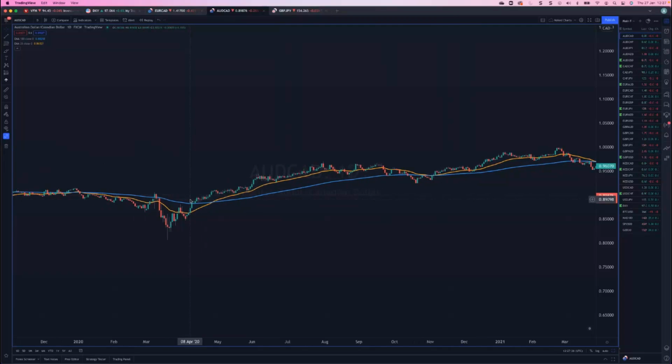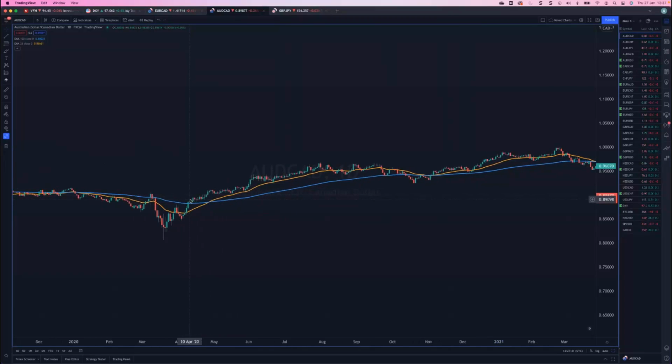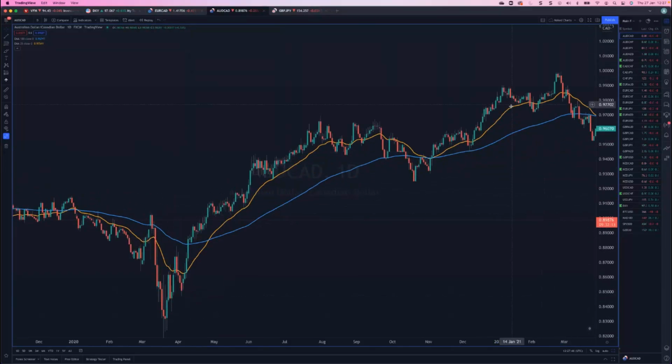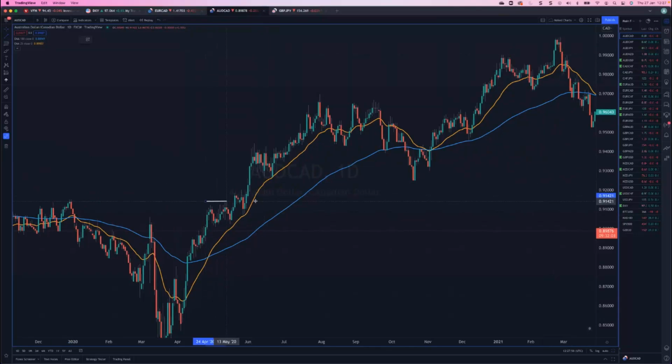Now, what we need is some entry rules. So one of my entry rules can be, I'm going to take a break of a high or a low as long as price is above the faster moving average. So what constitutes a high or a low? So for example, this here.